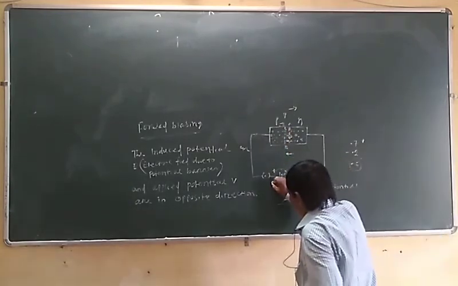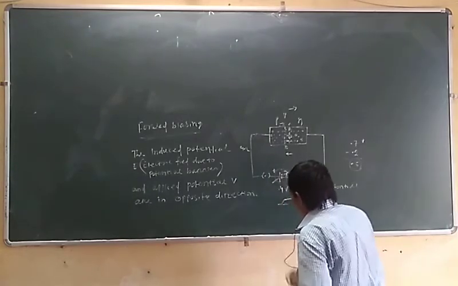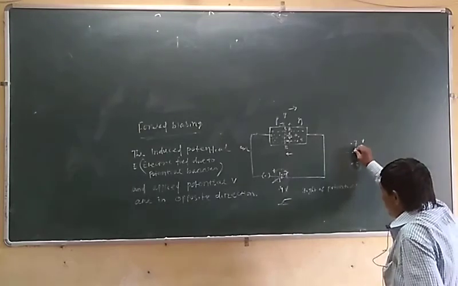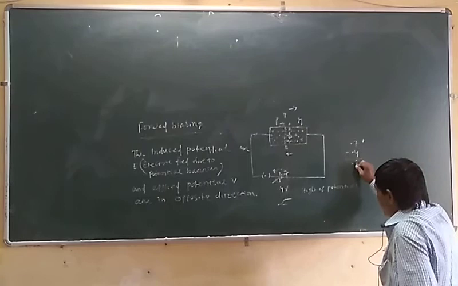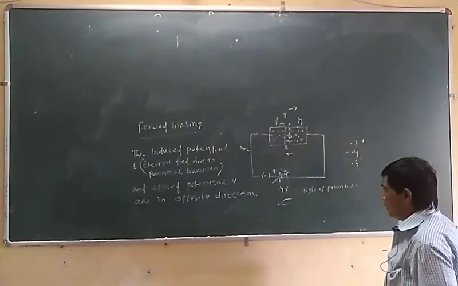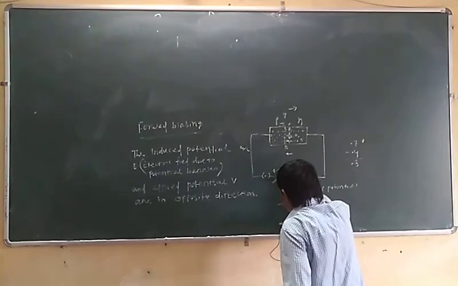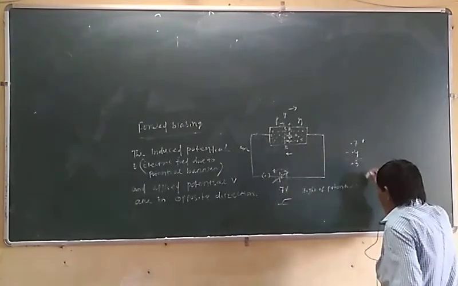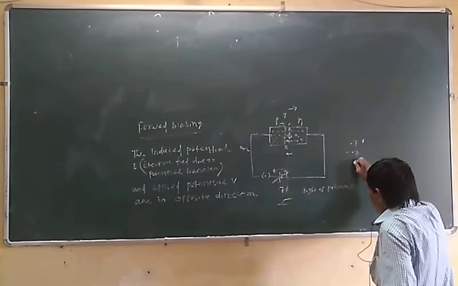Then further we apply 0.4 volt. Then the algebraic sum is 0.7 minus 0.4, that is 0.3 volt. So it is not allowed. Then when we apply further, it will be 0.7. So the algebraic sum, 0.7 minus 0.7, is 0 volt.